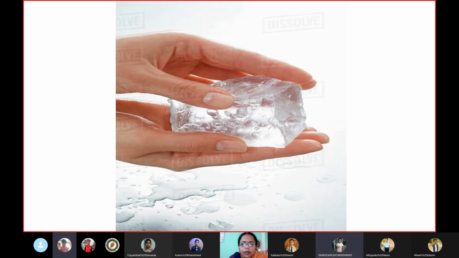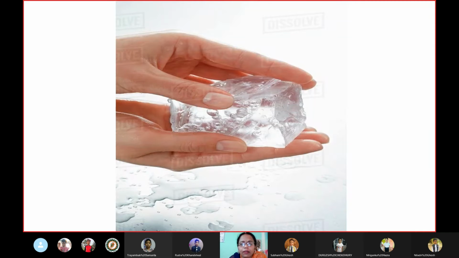Okay, so now we can see the picture. There is an ice cube in both hands. So which sense organ helps a human being to understand that the ice cube is very cold?